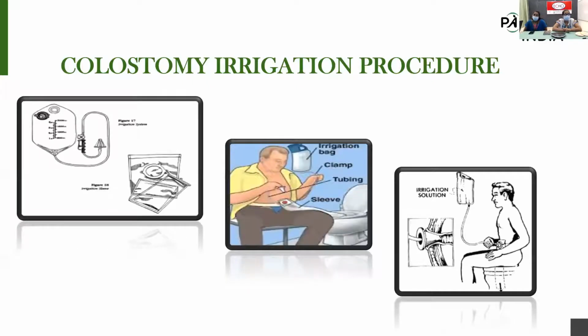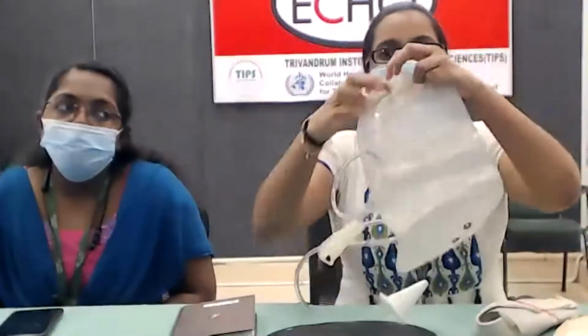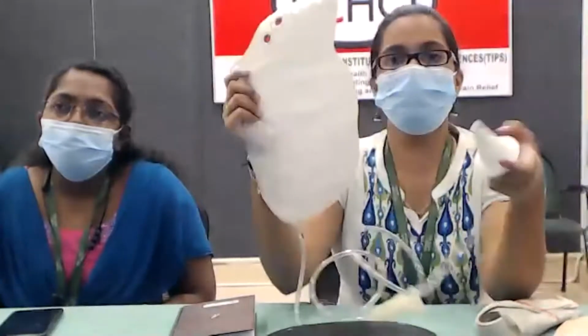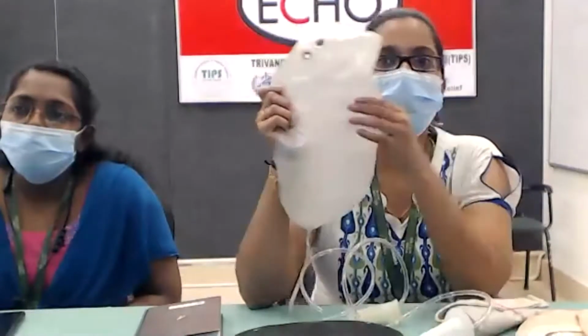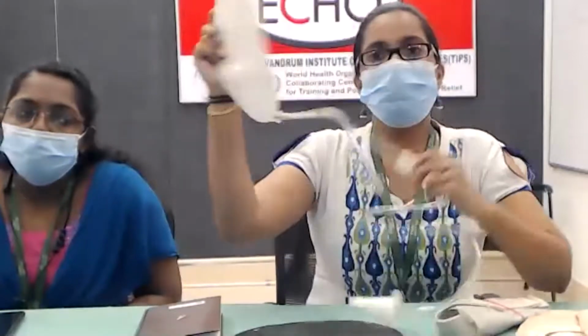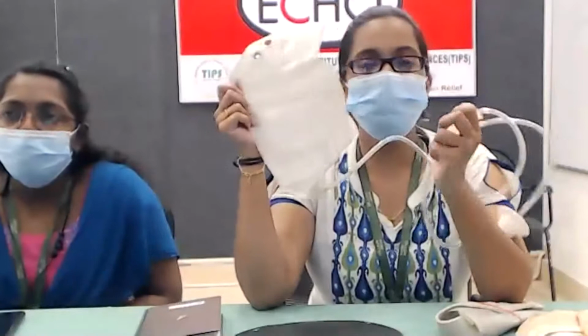So here is the colostomy irrigation procedure. Before that, I will show you the colostomy irrigation set. So this is the colostomy irrigation set. I think most of you are familiar with this, especially those who are working in palliative care. This is the pouch in which we will be collecting the lukewarm water, and we will be holding the water like we do in the IV set.